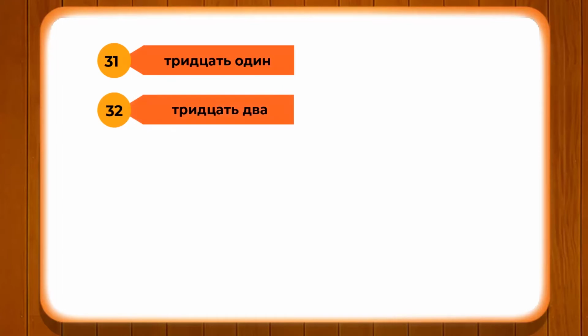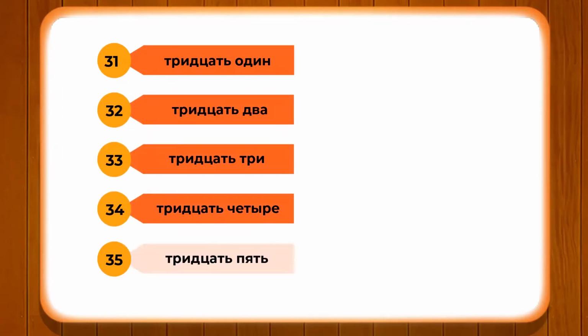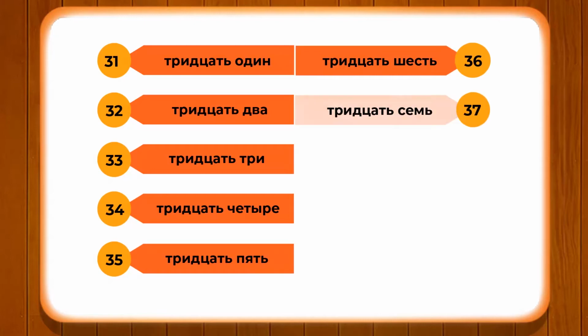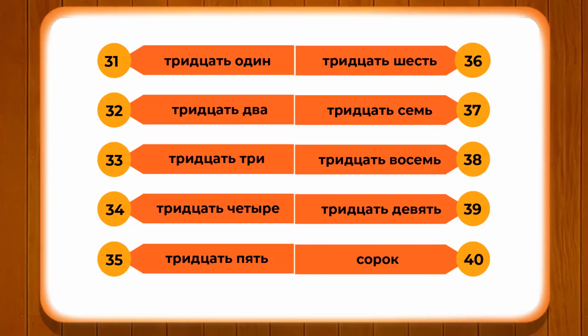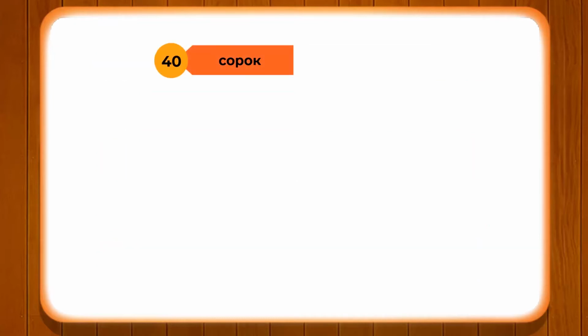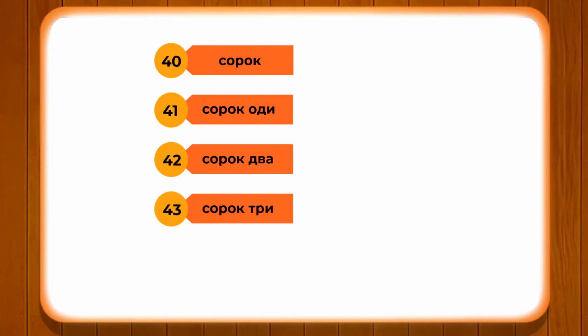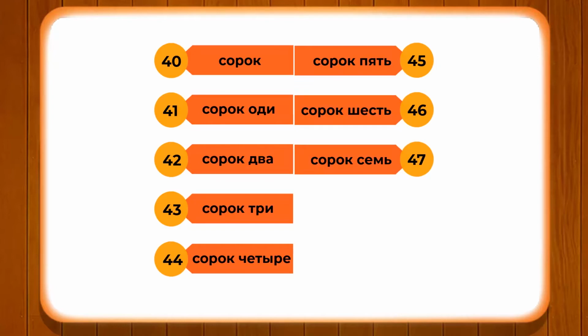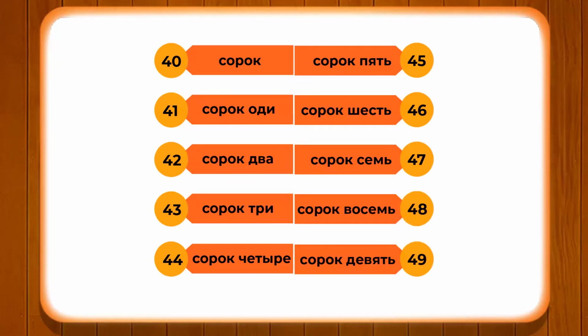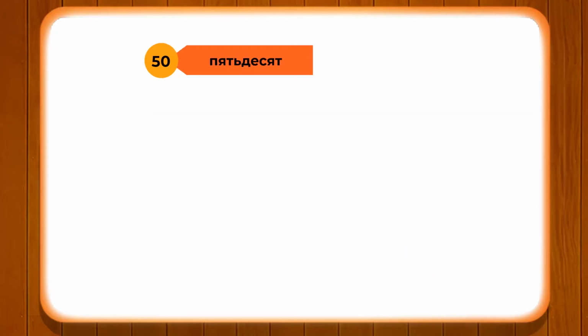Alright, after 30, we already know how to continue: 31, 32, 33, 34, 35, 36, 37, 38, 39 and then 40. And then the concept is similar: 41, 42, 43, 44, 45, 46, 47, 48, 49 and then 50.